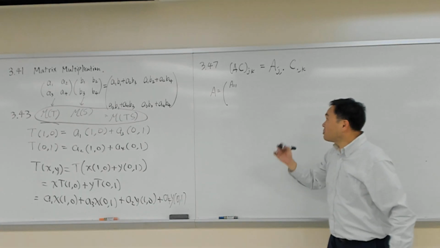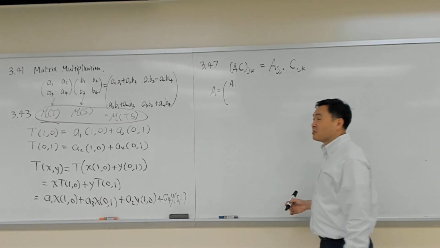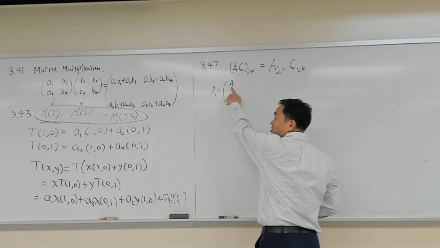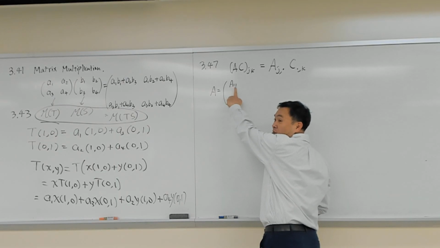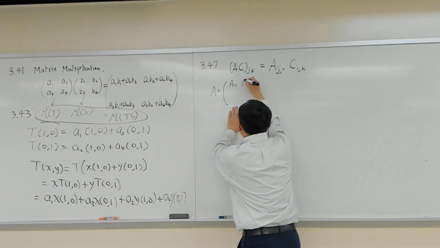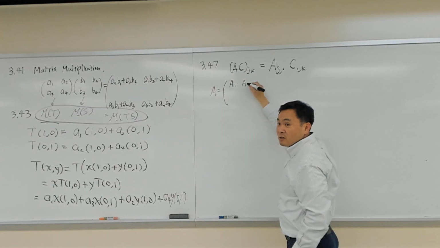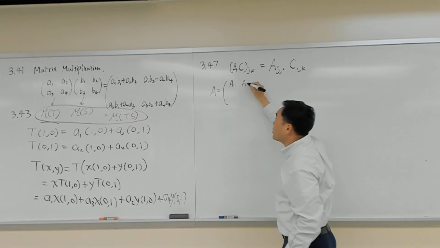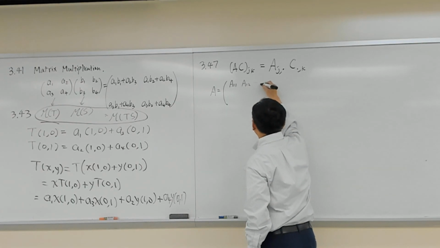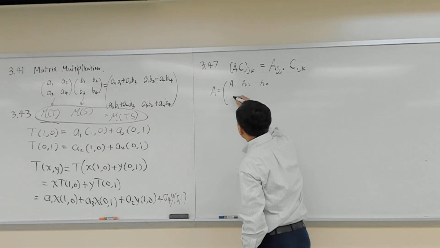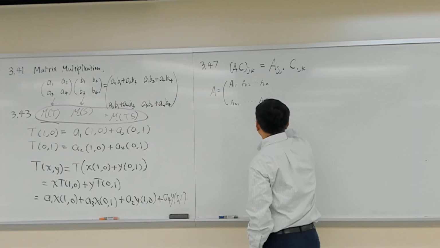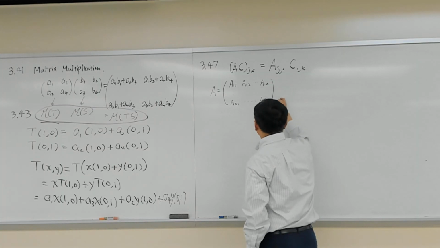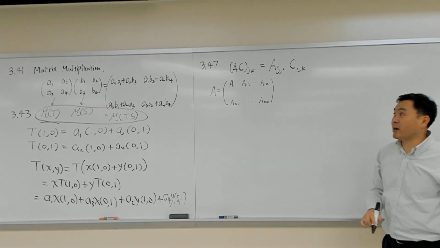Sometimes I put commas in between, but if it's obvious, I'll just write A11. This doesn't mean A-eleven, but A_{1,1}, okay? So what's the next number? 1,2, or 2,1? 1,2, good. All the way up to A1N. And then here is AM1, up to AMN. Okay, so that's going to be our A.